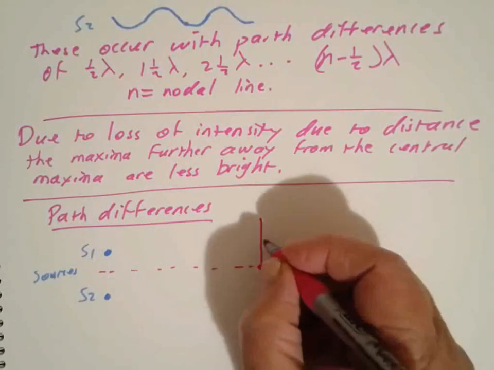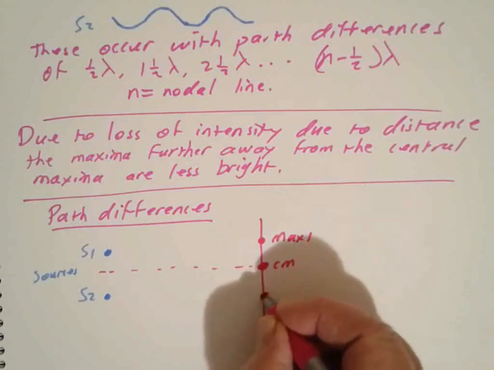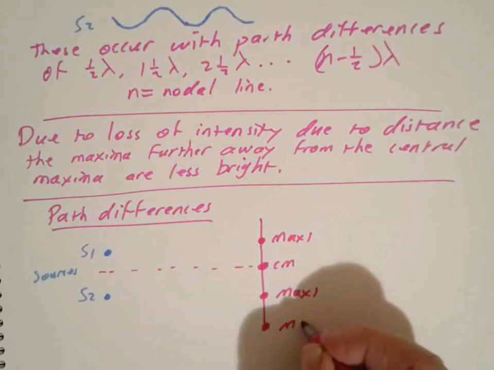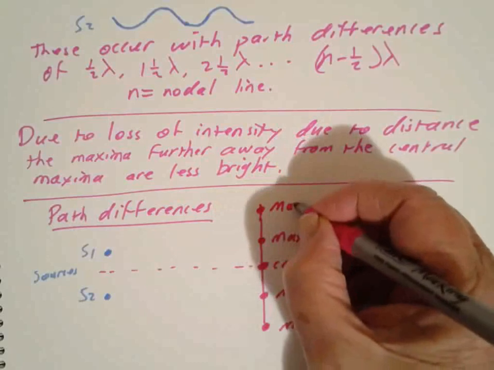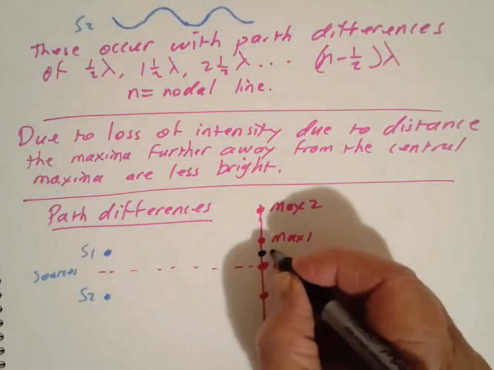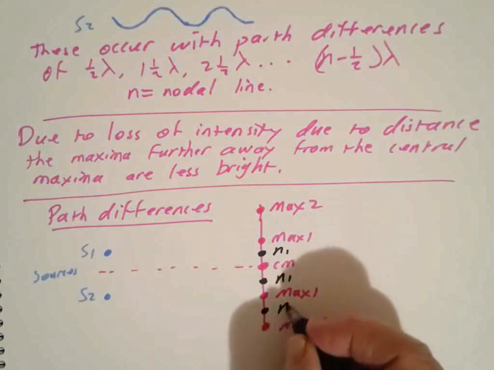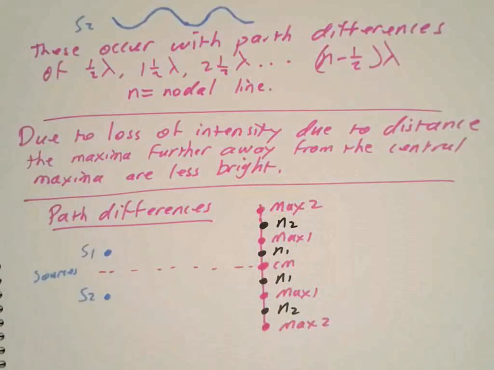Central maxima, max 1, other side, max 1, further down, max 2, further up, max 2, and in between, N1, N1, N2, N2. We should get nodal lines that match on both sides as well.